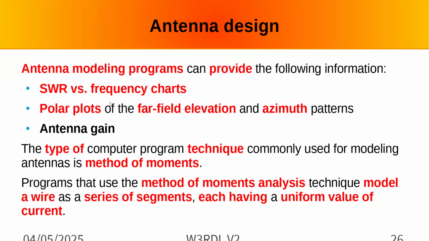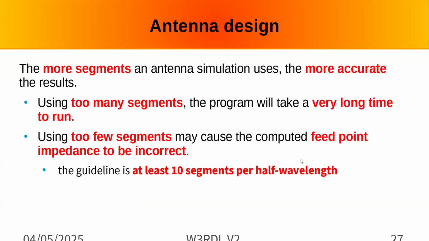I think it's on the next chart. The downside of having too many is, depending on your computer, it can take a while, particularly if you're doing it over a wide frequency range. But if you don't have enough, you can get really weird answers. So it has some warnings in there, and it'll tell you, for instance, that your segments are too big.